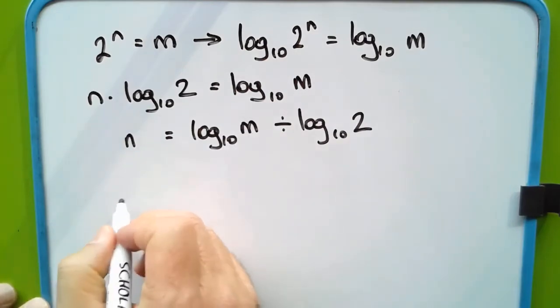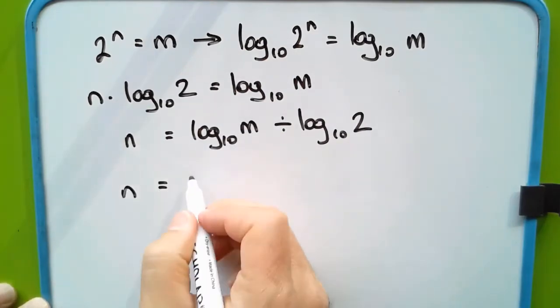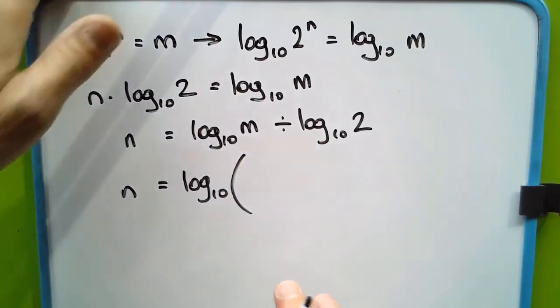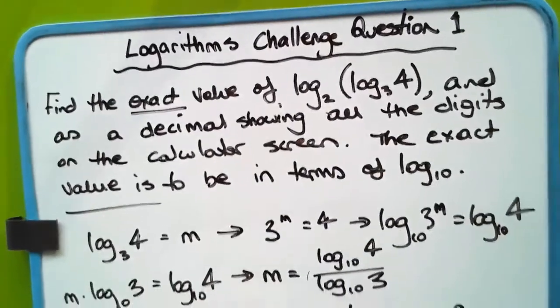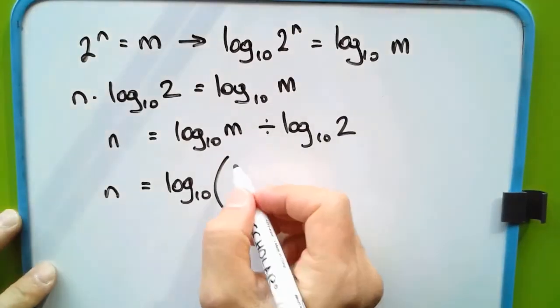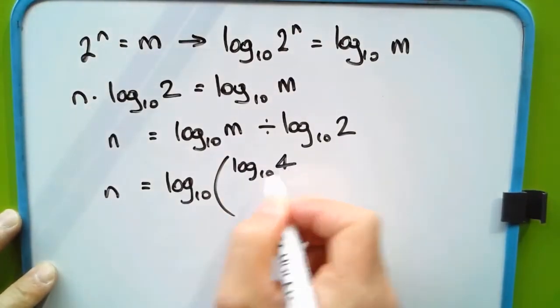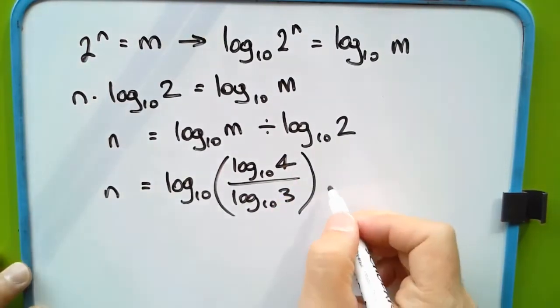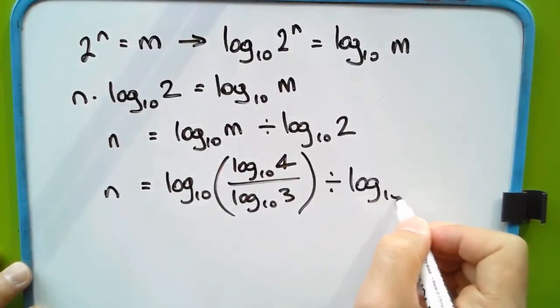So n is equal to log base 10, now, what was m? Do you remember? It was log base 10 of 4 divided by log base 10 of 3, divided by log base 10 of 2.